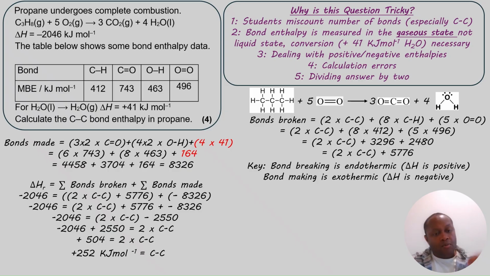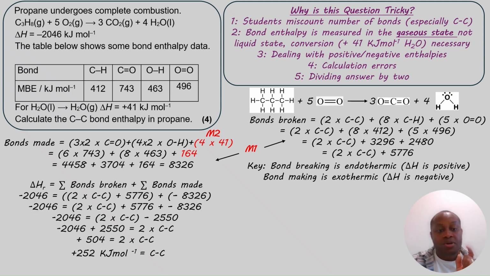All right, now let's look at how this question is marked. Remember that it is 4 marks. The very first mark is given for your ability to calculate the bonds broken and the bonds made. You need both of them to score the first mark. The second mark is obtained by showing the adjustment for your liquid water becoming gaseous.